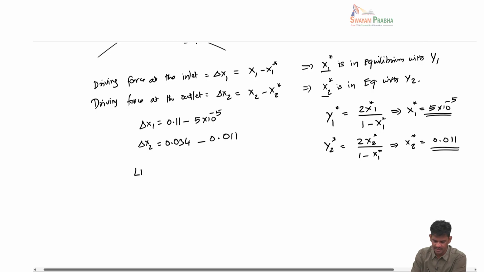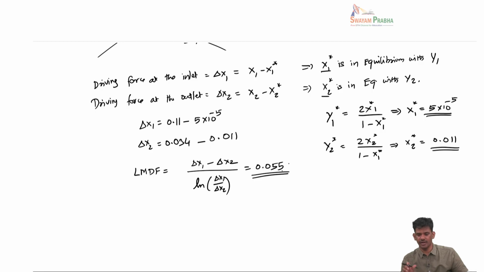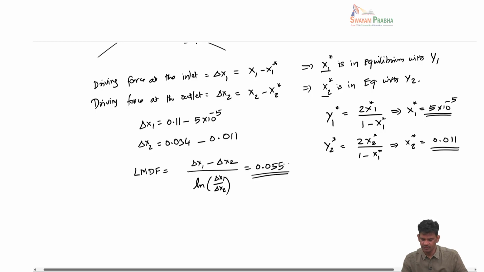From here we calculate the log mean driving force difference as delta x1 minus delta x2 over ln of delta x1 by delta x2, and this comes out to be 0.055. So the log mean driving force in this co-current operation is 0.055 in terms of difference in the mole ratios.